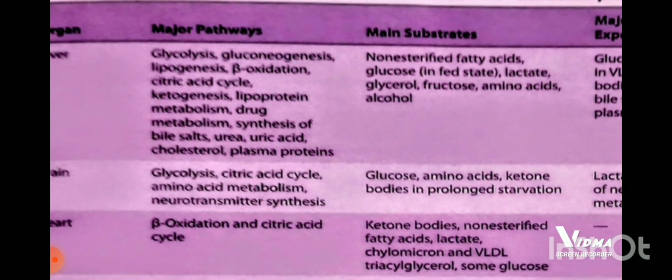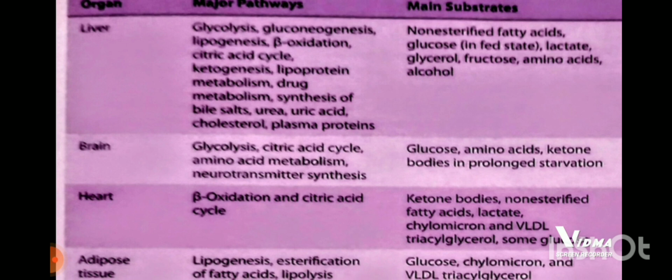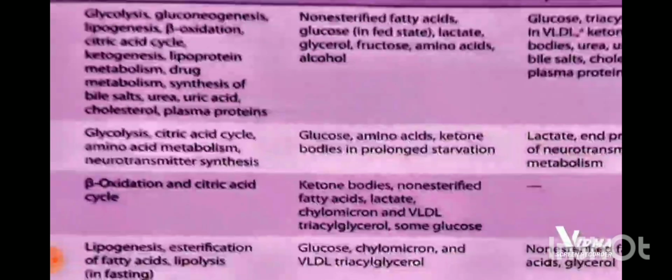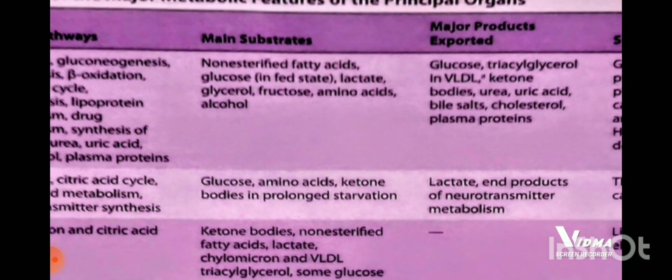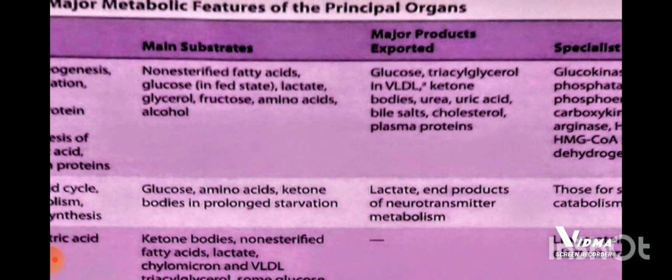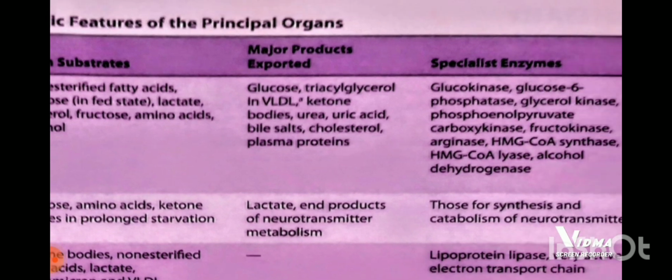The main substrates in the liver: non-esterified fatty acid, glucose in the fed state, lactate, glycerol, fructose, amino acid, and alcohol. Which major products are exported? Glucose, triglyceride in VLDL, meaning very low density lipoprotein, ketone bodies, urea, uric acid, bile salt, cholesterol, and plasma protein.